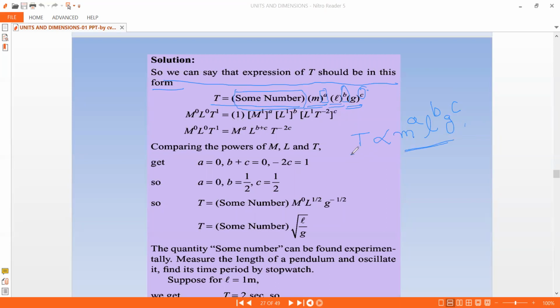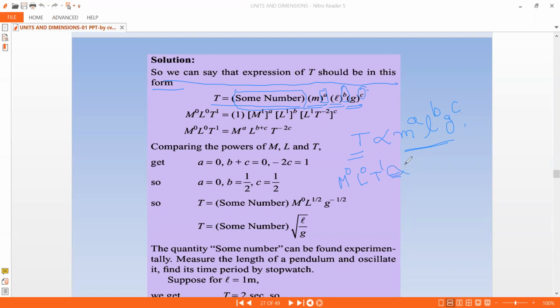And now what is this T? T is a time period, right? So there is no mass involved, no length is involved, and the time has the dimension of T to the power 1, and that should be proportional to some number which is dimensionless.